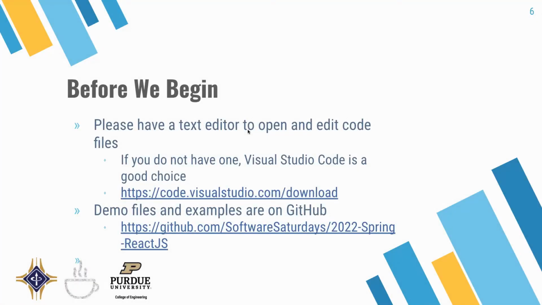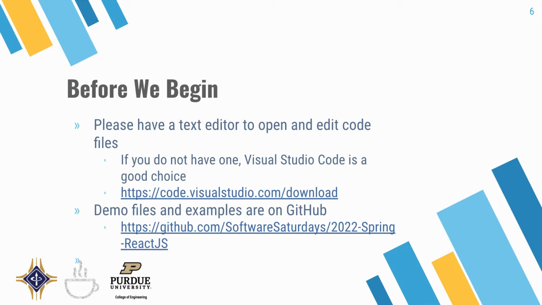All right, so then please have a text editor open. We mentioned this briefly last week. Visual Studio Code is a great editor if you don't already have one in mind. Anything really works. If you don't have time to download that right now, you can always open something as simple as Notepad or TextEdit if you're on a Mac. Just something to write your code in, and then you can launch it.